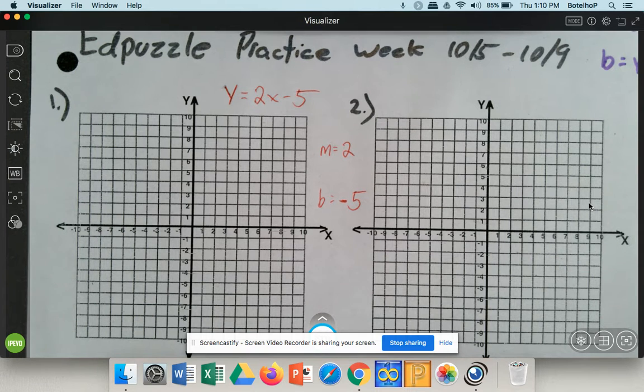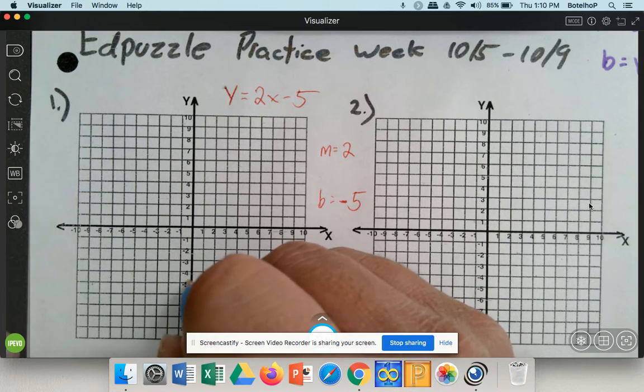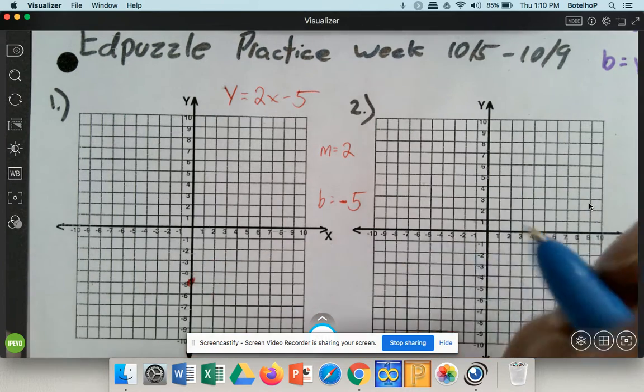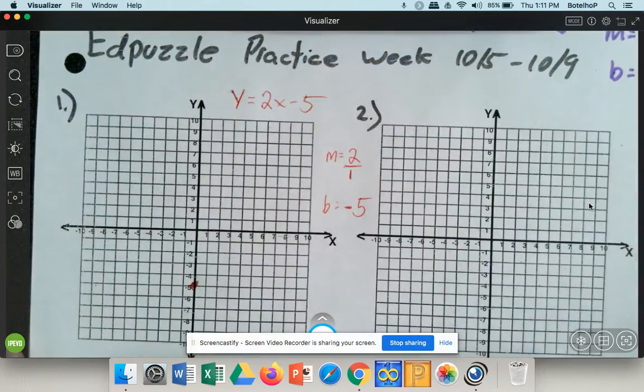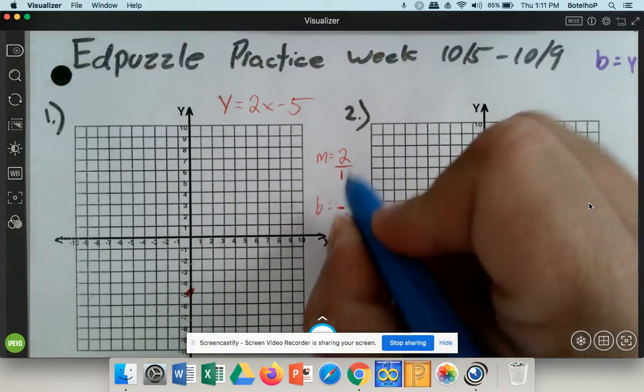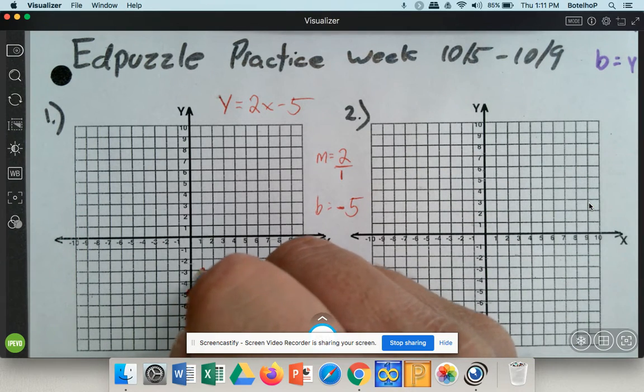If you did it right, you would have a y-intercept here at -5. Now I wonder if you figured this part out. Slope is written as a fraction, 2/1, so you're going to follow this positive slope and go up 2/1.